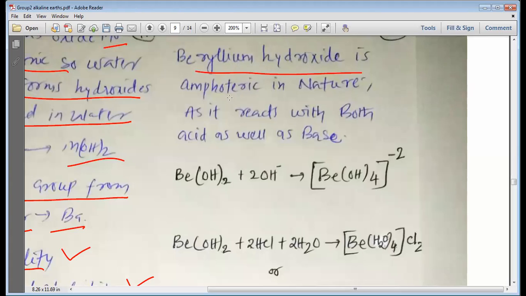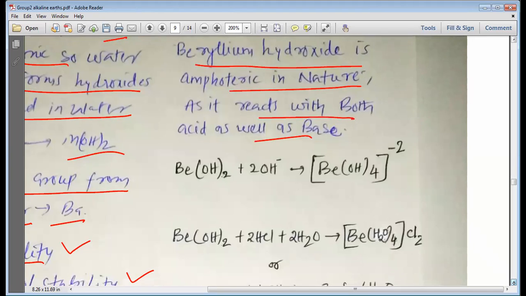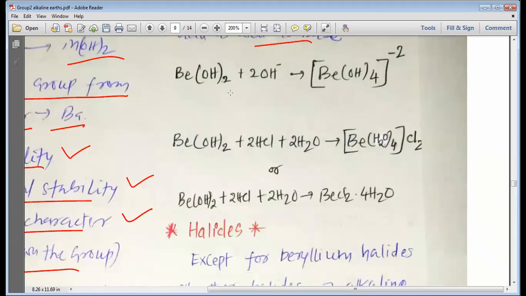Beryllium hydroxide is amphoteric in nature, so it reacts with both acid as well as base. You can see the reactions of beryllium hydroxide with 2OH minus, which is a base, or you can say the alkali, to produce [Be(OH)4] 2 minus ions, and this Be(OH)2 reacts with the acid, that is HCl.